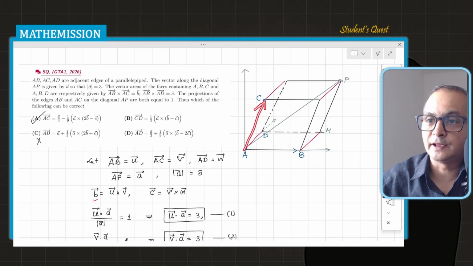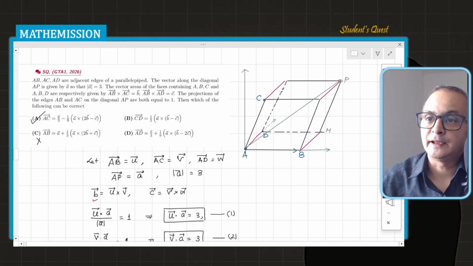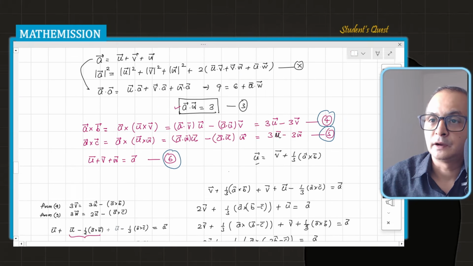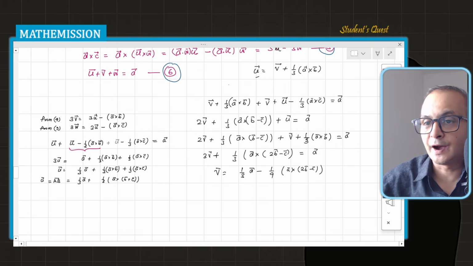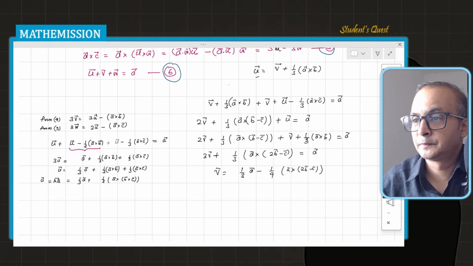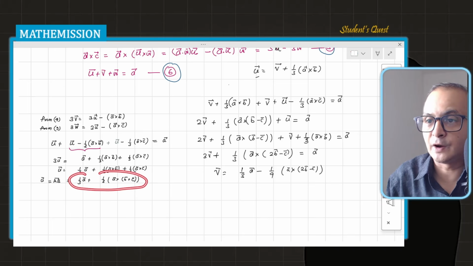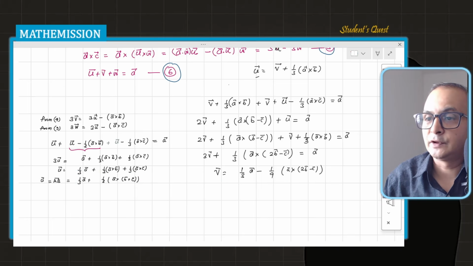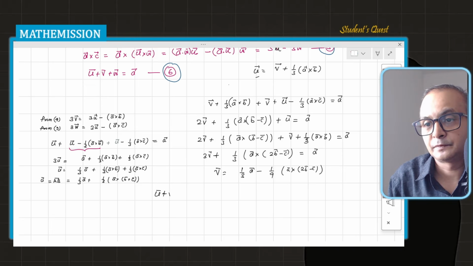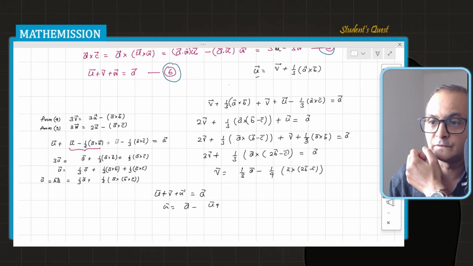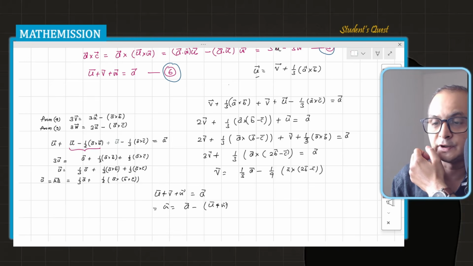So first we find the AD vector, and from there we can find it, because we already found the u vector. Notice we already found the u vector here, we already found the v vector here, and we know that u plus v plus w is equal to a vector. So the w vector is nothing but a minus u plus v, because the w vector is our AD vector.